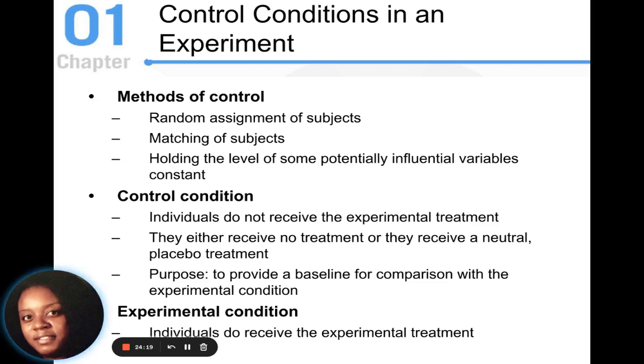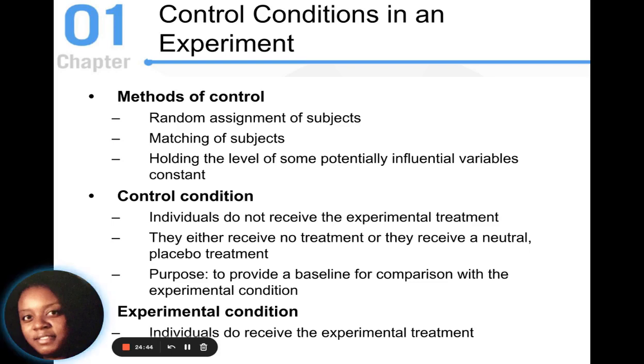And then we also have control conditions where individuals in the control group don't receive the experimental treatment. Oftentimes the experimental treatment is the drug, and my control group won't get it. They're either going to get no treatment or they will receive a placebo, which is like a sugar pill or some type of neutral stimulus that has no effect.